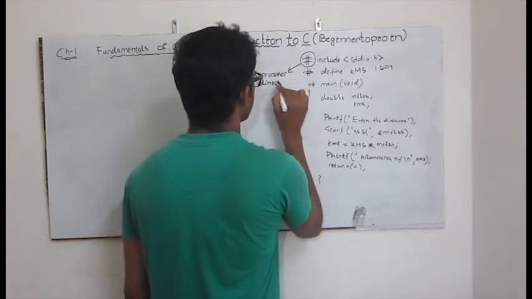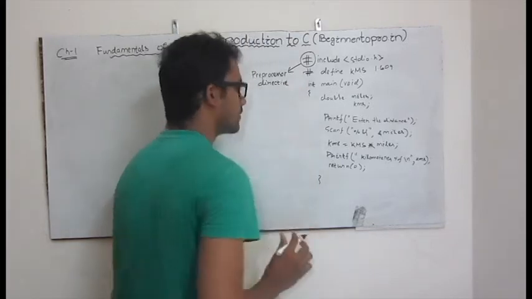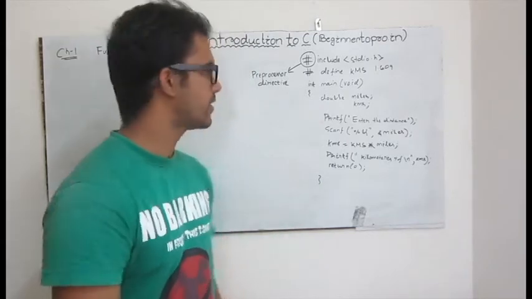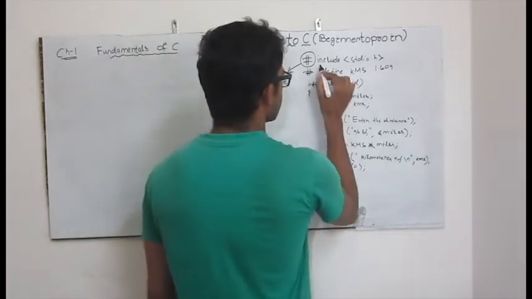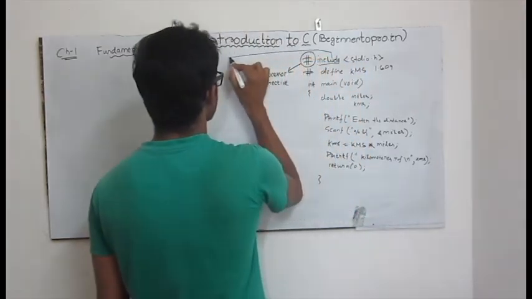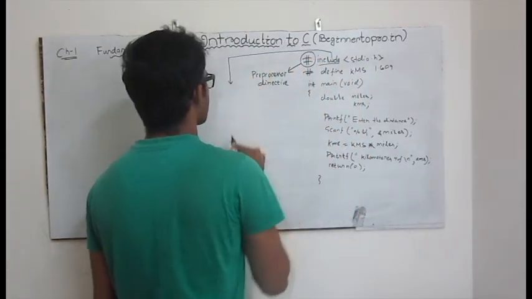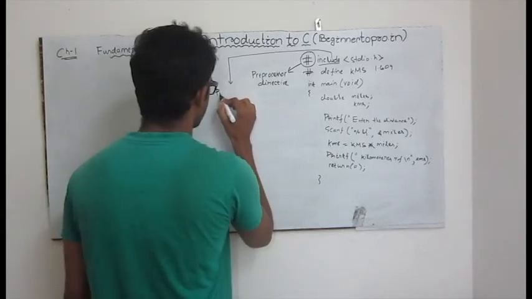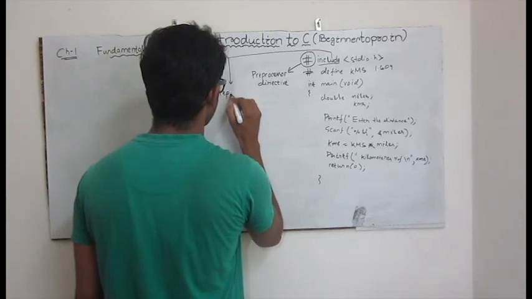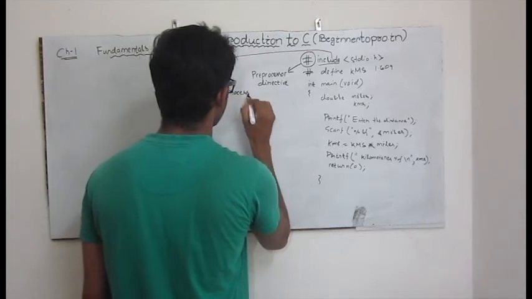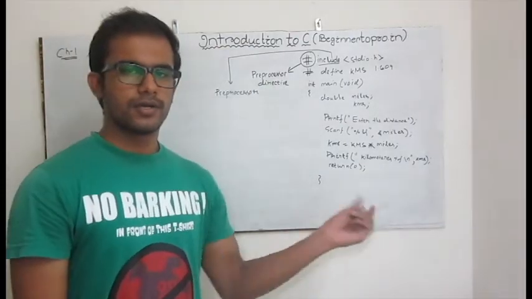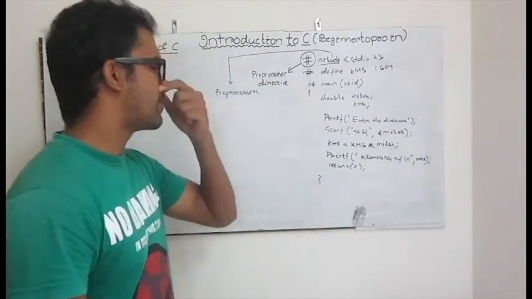Then you might be thinking, what is the preprocessor? The preprocessor is this part, which helps the C program to compile these library files.